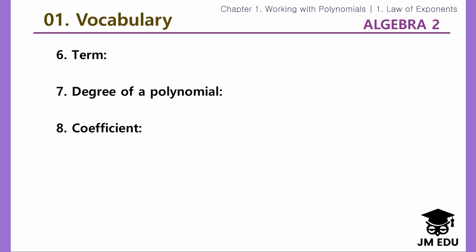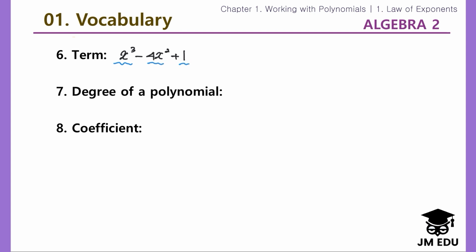Number 6, term. A term is just each monomial in a polynomial. Let's say we have the polynomial x cubed minus 4x squared plus 1. Each of these monomials we call a term. So this polynomial has 3 terms, right?